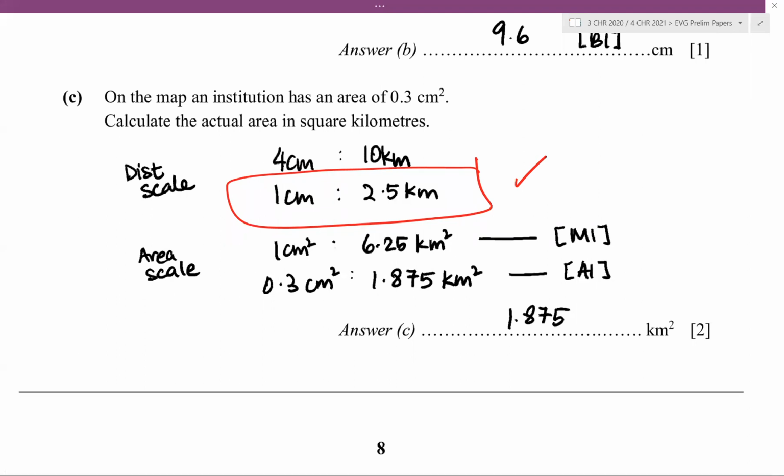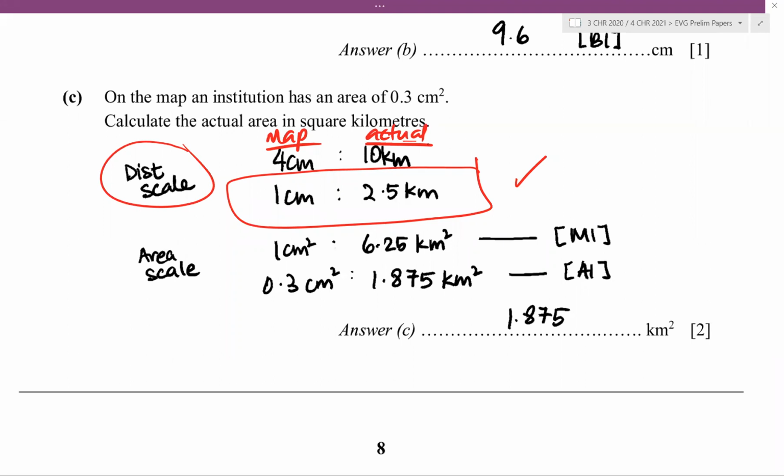So the distance 1 cm represents 2.5 km. That is for distance, map and actual. Look at the red box. If you're okay with that, then I can move on.